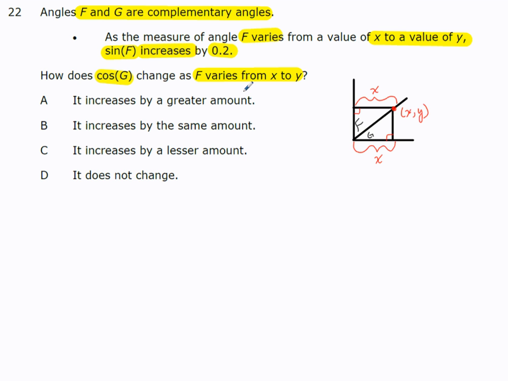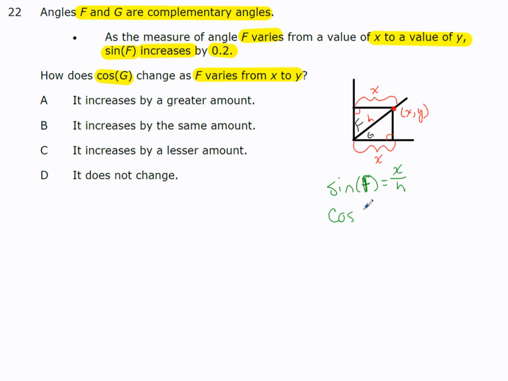So let's actually see what the sine of F would be. By the way, the hypotenuse for both of these triangles is the exact same. The sine of angle F is going to be the opposite side, which is x, over the hypotenuse.